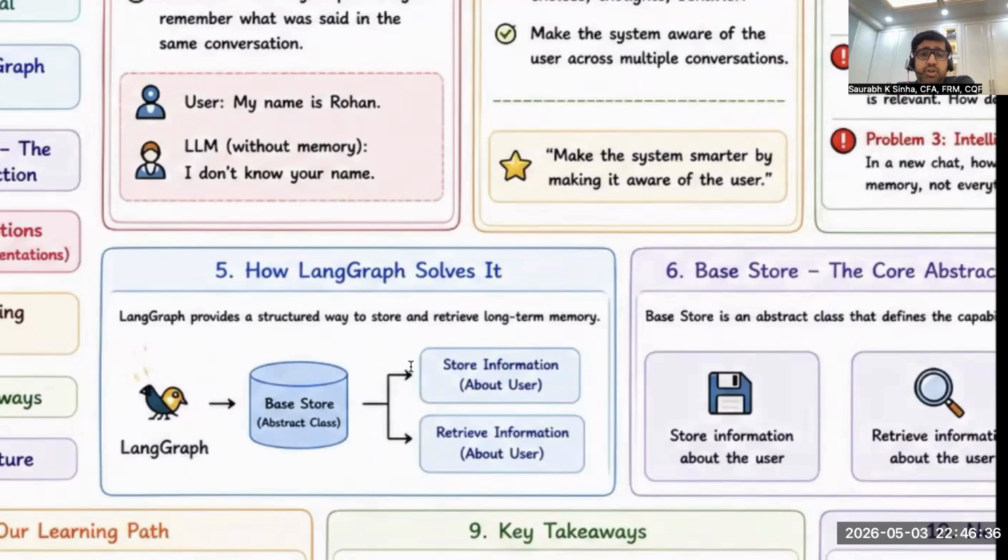And LangGraph provides exactly this abstraction through a core class, which is an abstract class, BaseStore. It defines how memory is stored and how memory is retrieved. It has certain capabilities like get memory, search memory, delete memory, update memory. So think of it as the foundation of the long-term memory system. Very critical.